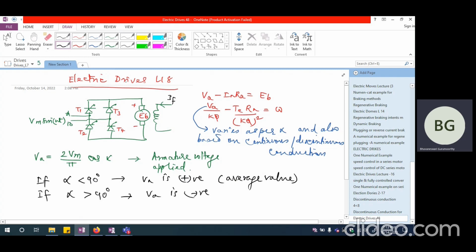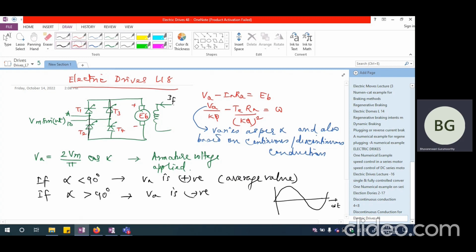One more thing I want all of you to understand is that if T3 and T2 were conducting previously, and I am trying to fire the converter during the positive half cycle at a value of alpha less than 90, let us again look at the waveform. So this is the kind of sinusoidal supply I am having. This is omega t.